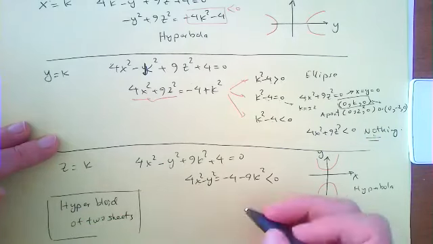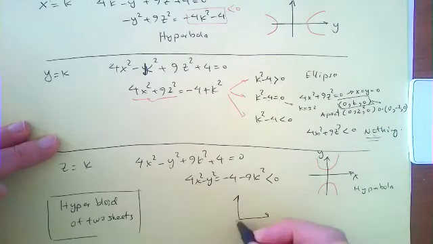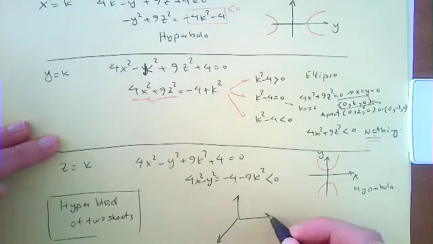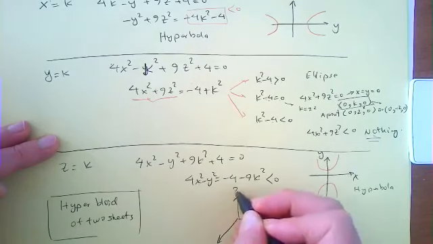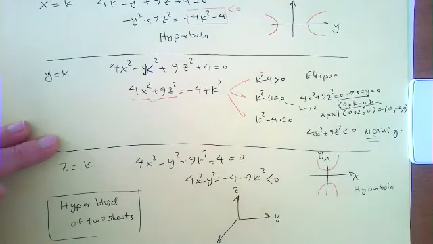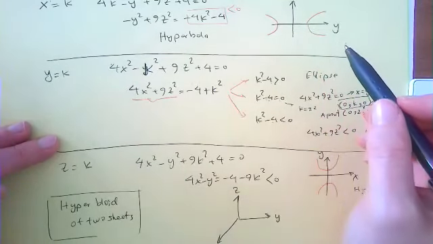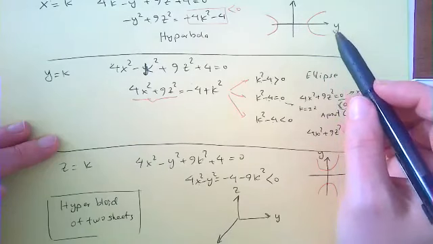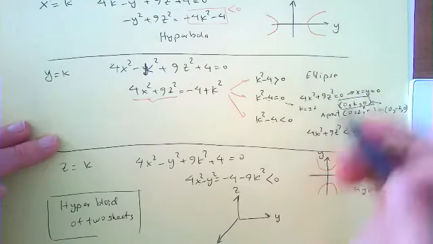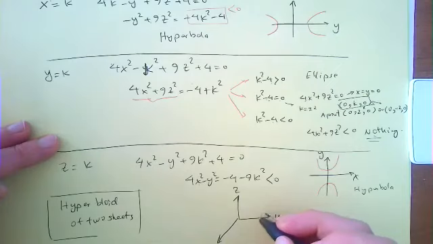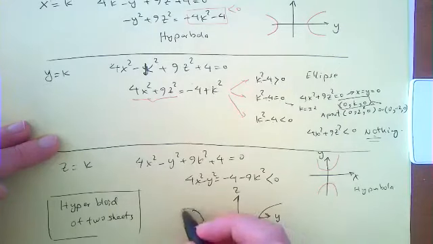So that said, now let's graph it. X, Y, and Z. When X is constant, we have things going this way like that.